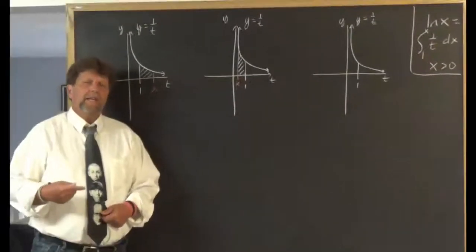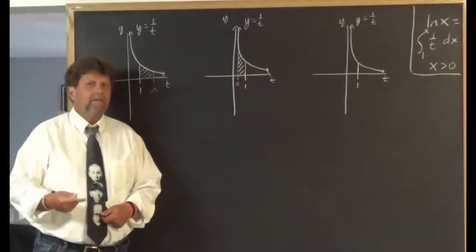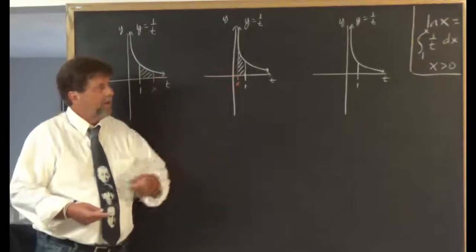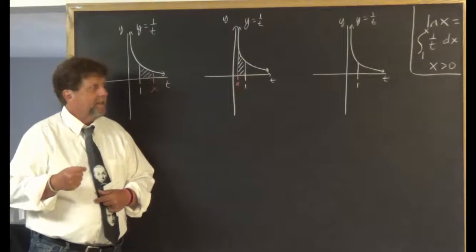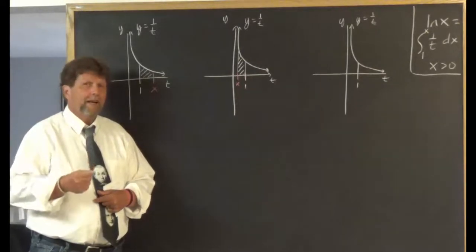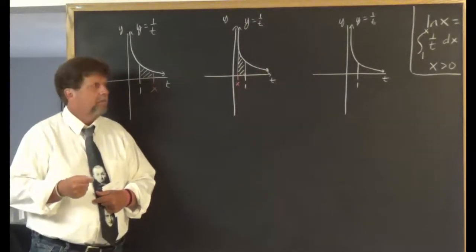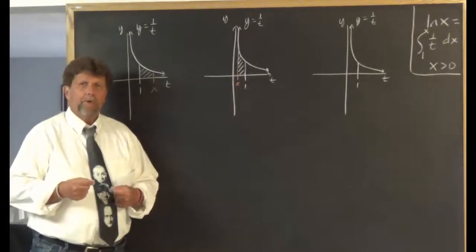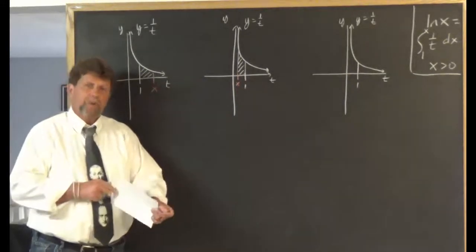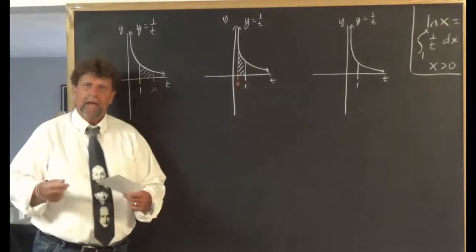All right, folks, we've just seen how natural log is defined, and I have it up there in the upper right-hand corner of the chalkboard. The natural log x equals the integral from 1 to x of 1 over t dt, x greater than 0. So there are 3 facts we're going to come up with here just based on that definition and what we know from calculus.